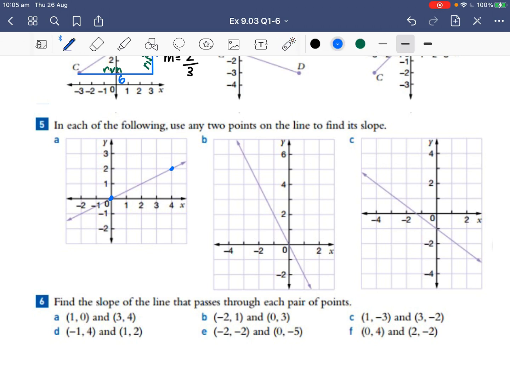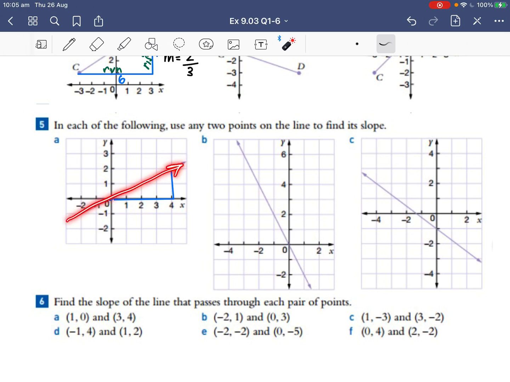We don't want to use here because it's not exactly on a coordinate. Then we want to draw our right angle triangle, like so.